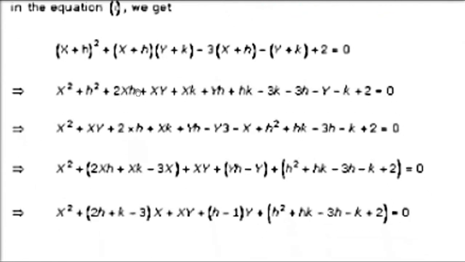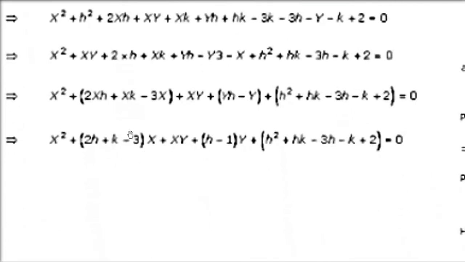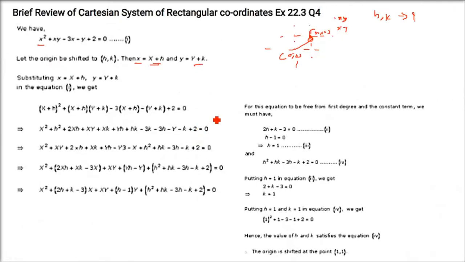In the original equation, when you put this, we have put x as capital X plus h and y as capital Y plus k. Now this is going to rearrange. I hope you will be able to do this rearranging. Now there are two terms here with first degree. What is the degree? Degree is the power index, so x raised to 1 and y raised to 1.